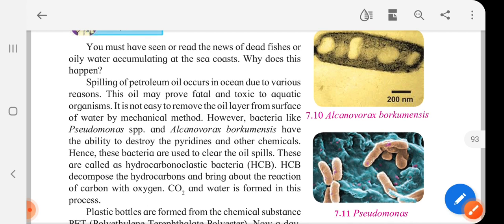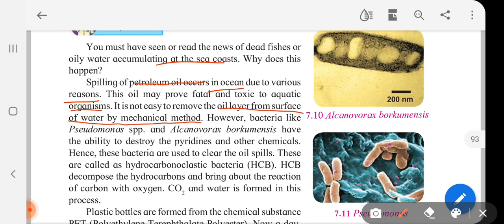Now you must have seen or read the news of dead fishes or oily water accumulating on the surface of the sea coast. It happens due to spilling of petroleum oil that occurs in the ocean due to various reasons. This oil may prove fatal and toxic to aquatic organisms, and it is not easy to remove the oil layer from the surface of water by mechanical methods.